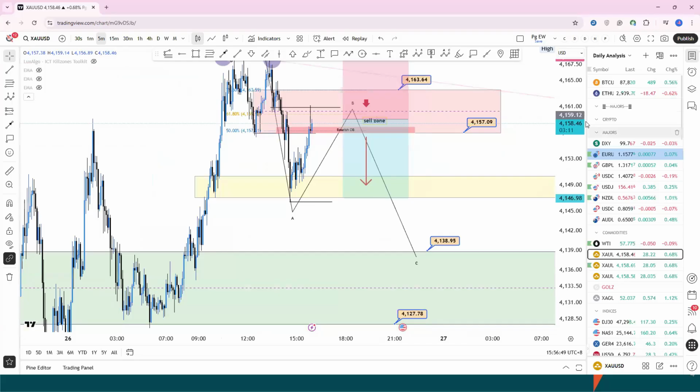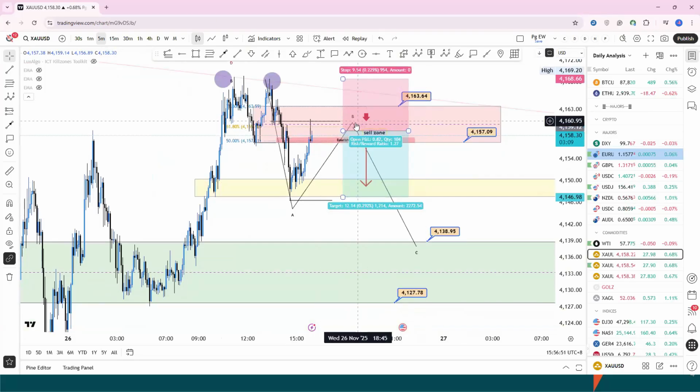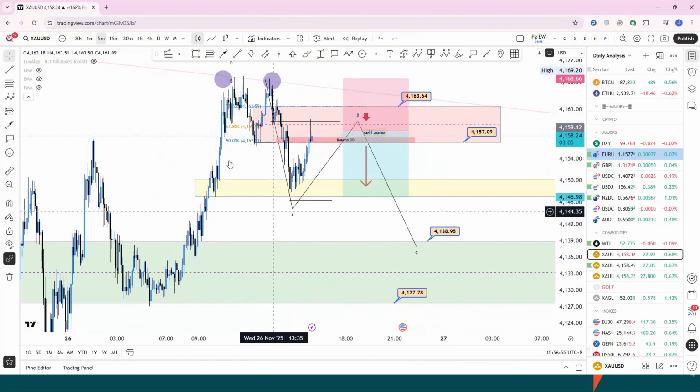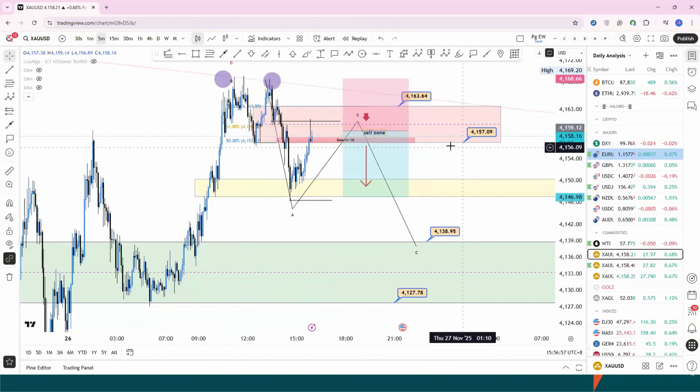Then let's just see if I counted the wrong one for the 11th here. But the overall picture, I would still see that gold is gonna pull back.